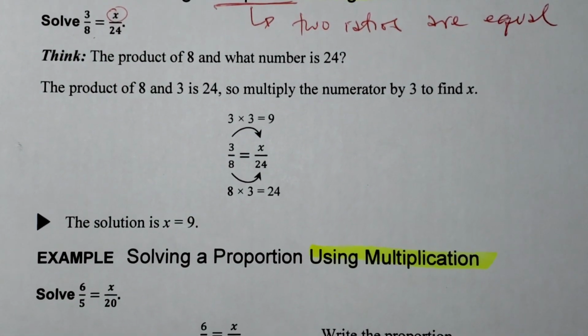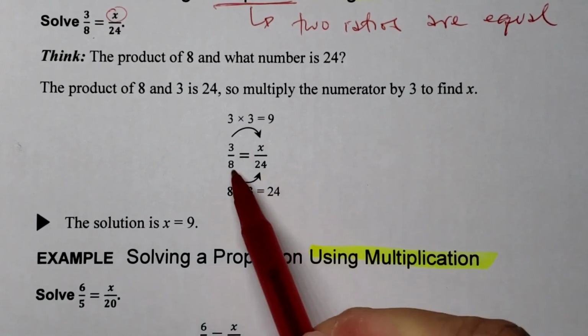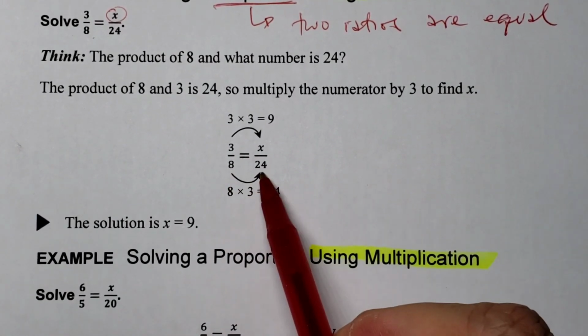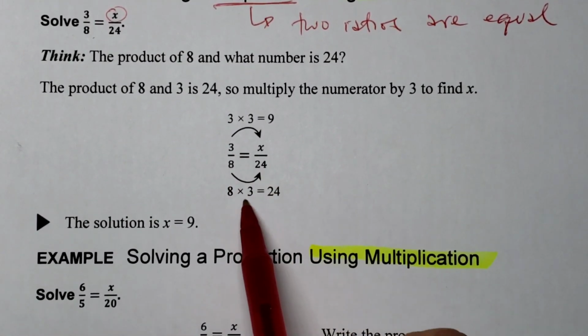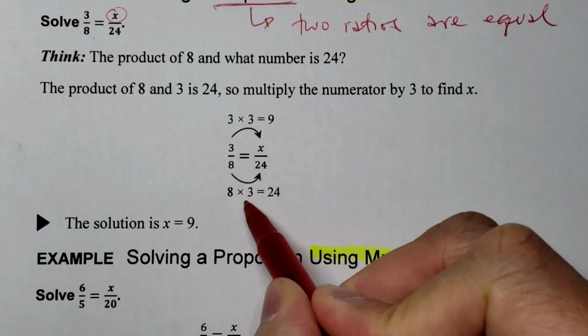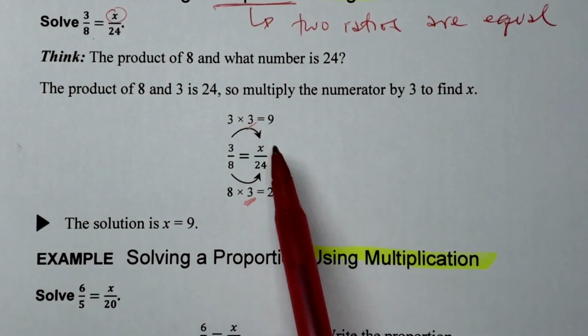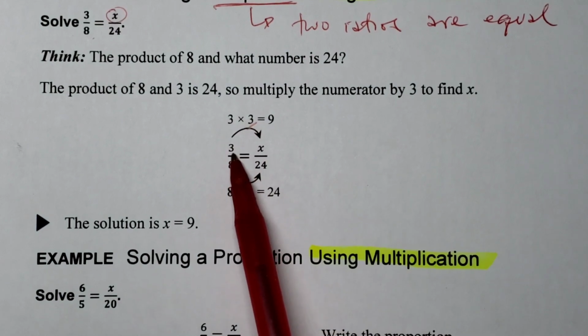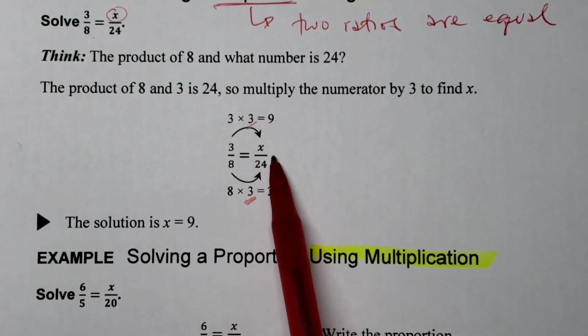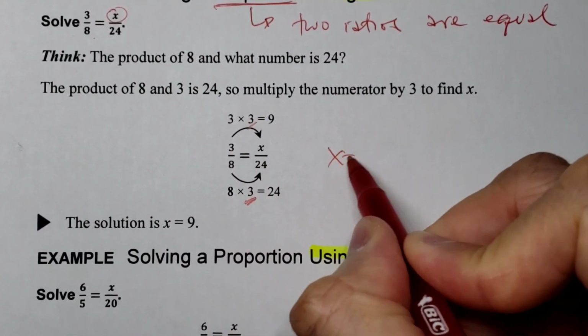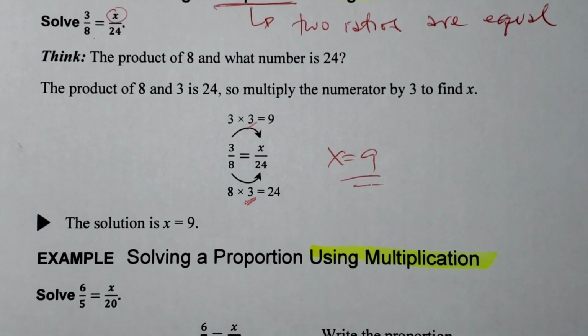You need to know your multiplication facts as usual. We know 8 times 3 gets you 24. So whatever factor you multiply to 8, use the same factor on 3. So 3 times 3 would be 9. So x is equal to 9. That's mental math. It's easier.